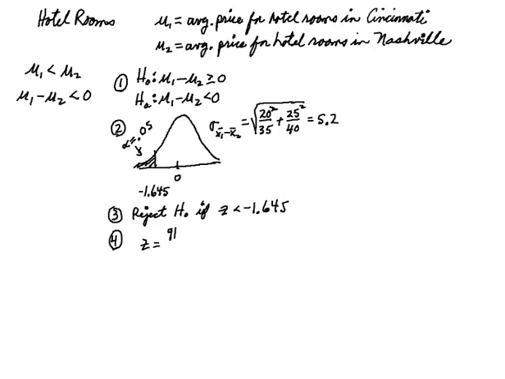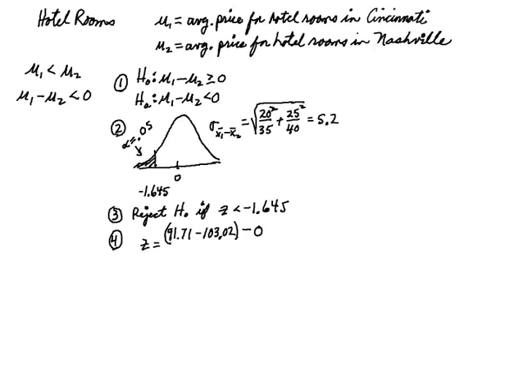So I'm going to take X sub 1 bar, the average of those 35 rooms in Cincinnati. The prices average to be $91.71. And X sub 2 bar, the average prices of the 40 rooms sampled in Nashville, turned out to be $103.02.